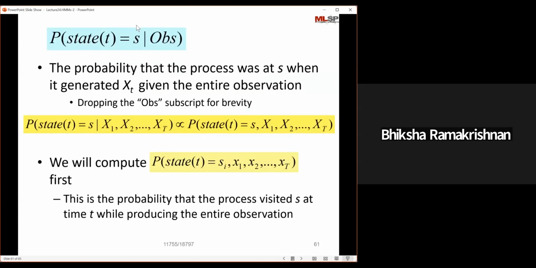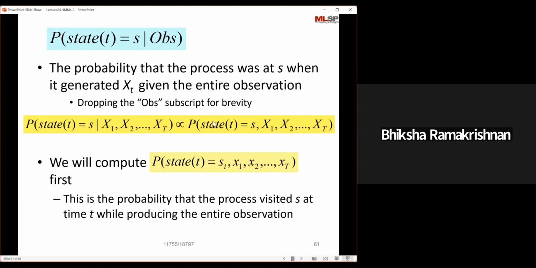What is the probability that this process will be in state S at time t given the observation sequence? Now this is proportional to the probability that this process will be in state S at time t and generate the observation sequence. So P of S given x's is proportional to P of S and x's because of Bayes' rule, right? P of S comma x divided by P of x gives you P of S given x.